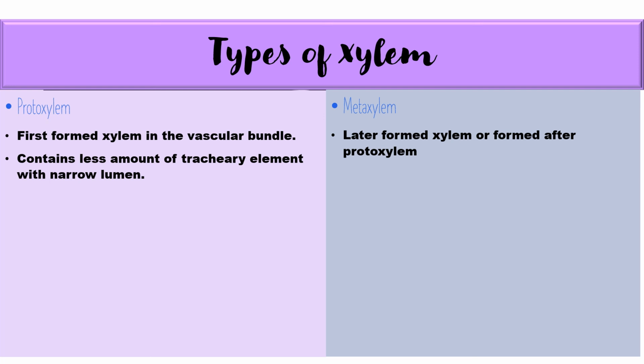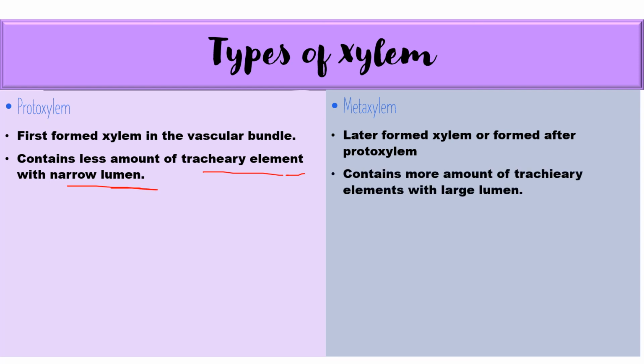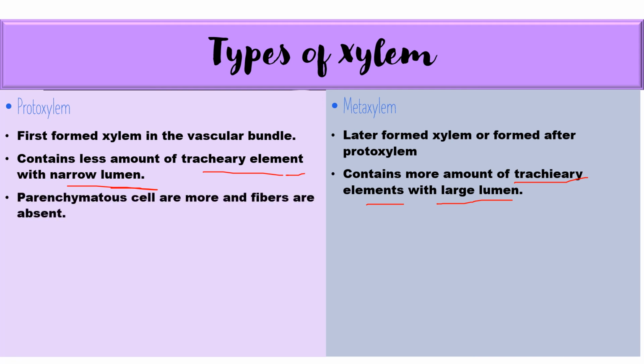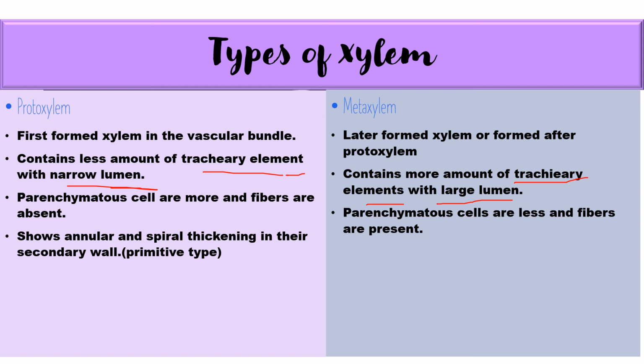Protoxylem contains fewer tracheary elements, so they have a narrow lumen, whereas metaxylem contains more tracheary elements with a large lumen. Parenchymatous cells are more and fibers are absent in protoxylem, whereas in metaxylem parenchymatous cells are fewer and fibers are present.